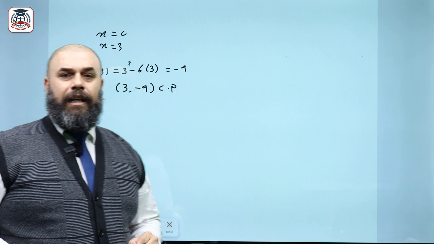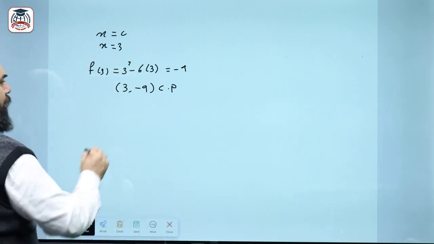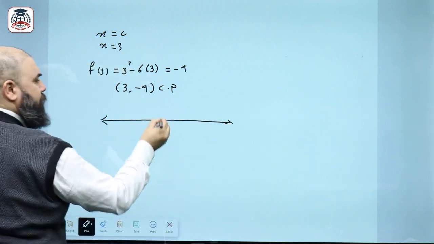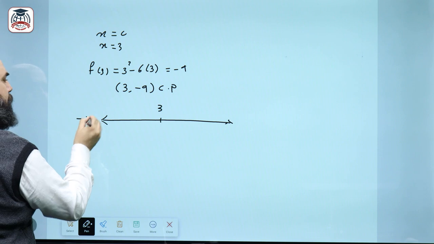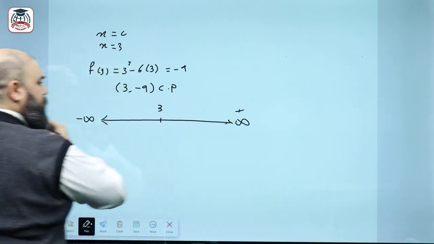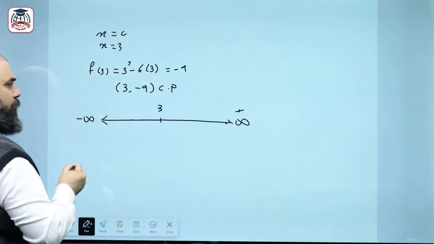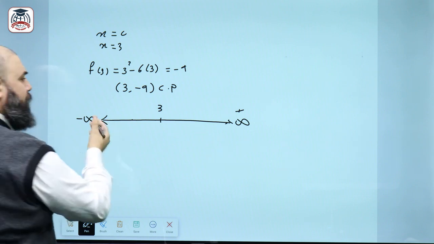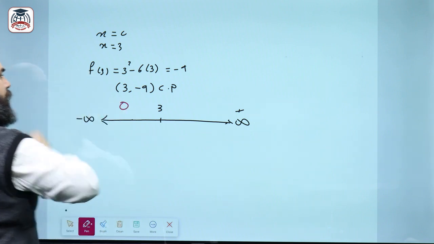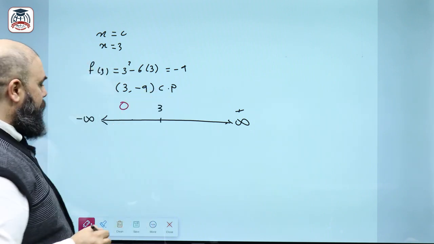To find the increase and decrease region, plot this 3 on a number line from negative infinity to positive infinity. In this neighborhood, choose any value less than 3 and more than 3.